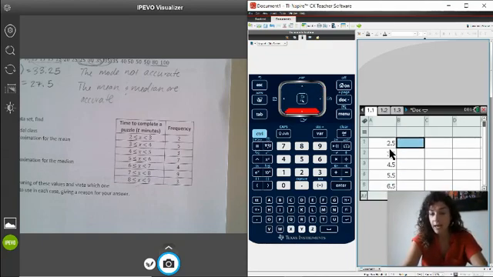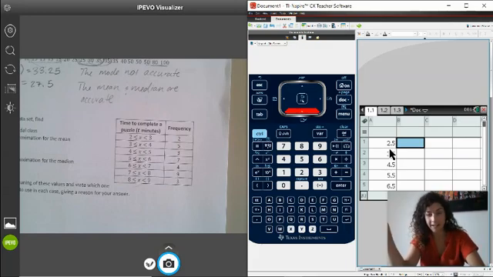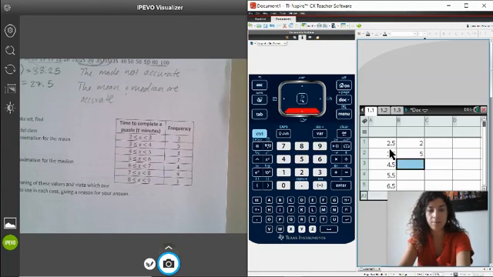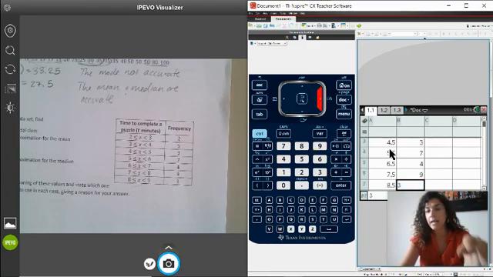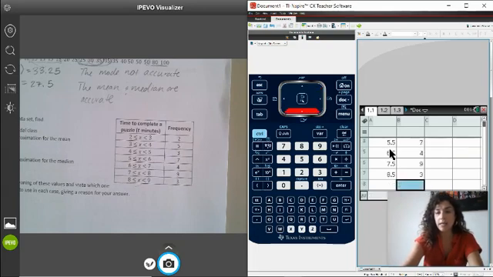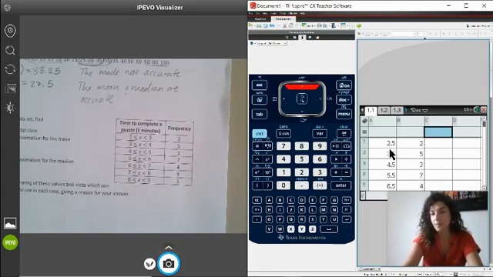After that, we now have to list the frequency in the next list over, just how we see it in the table. And then we do the exact same thing that we did before when we're calculating this.